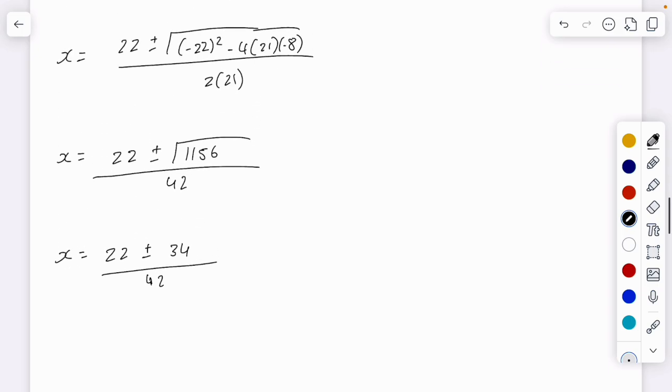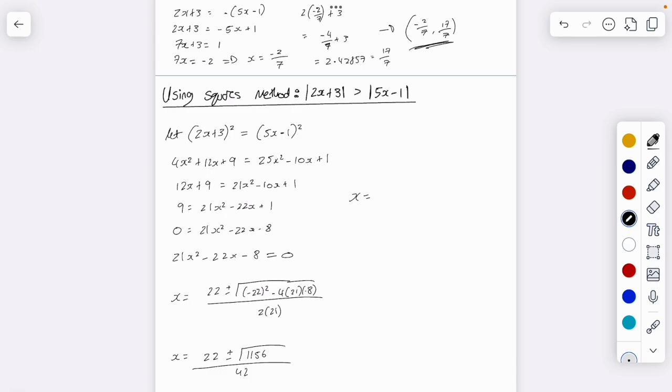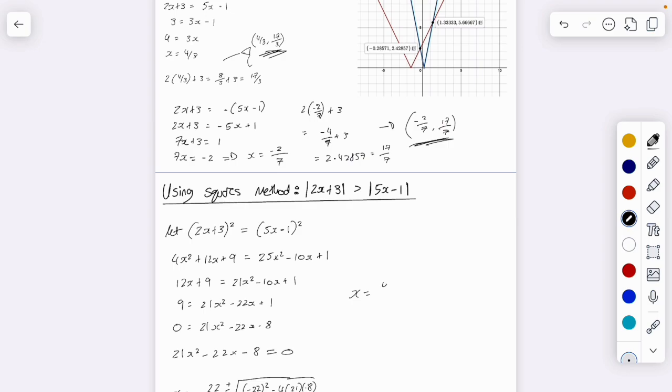And that's going to simplify down. So x therefore is going to equal, same as before, 4 over 3 or negative 2 over 7.